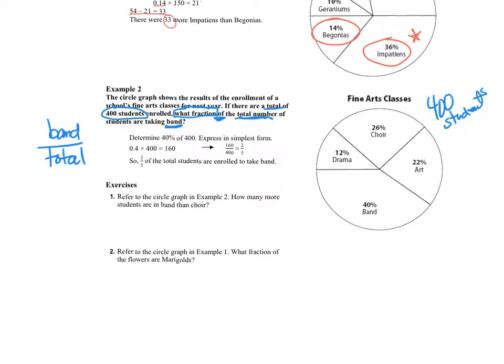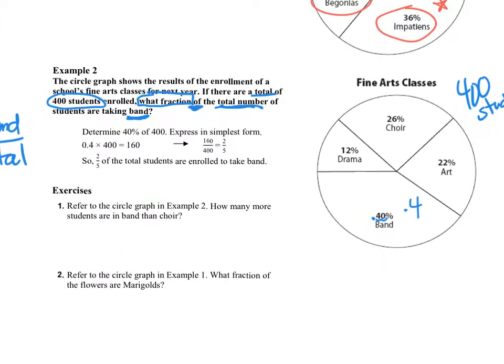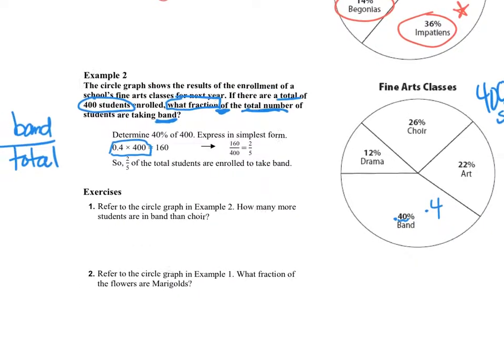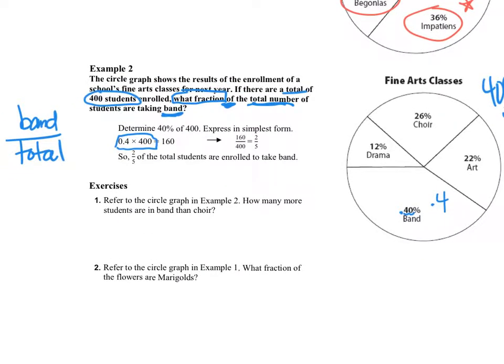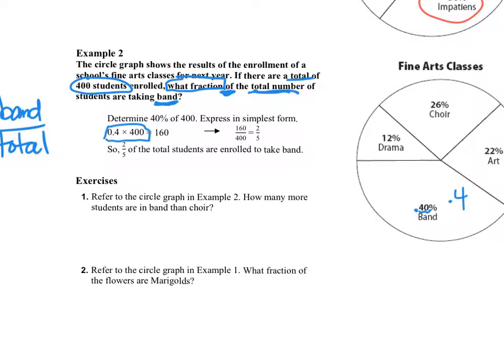Same thing, turn that 40% into a decimal, 2 spaces to the left, 0.4. 0.4 times the total number, because we want to see how many students exactly took band. When we multiply, we get 160. So 160 students are in band.